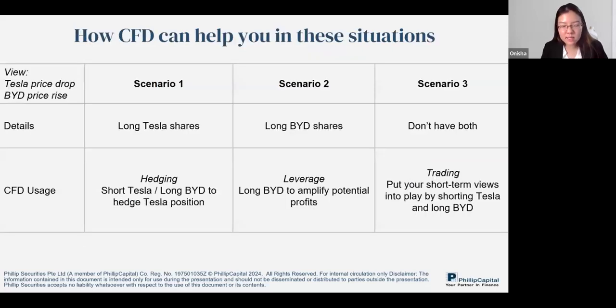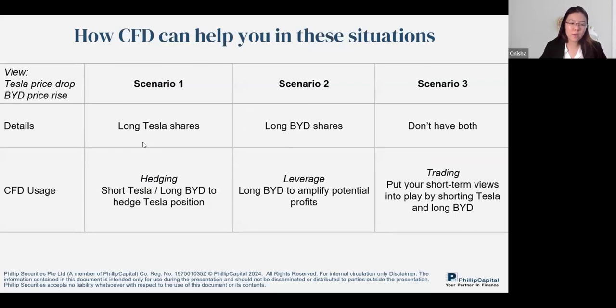So let's take this news as an example here. When this news broke that BYD overtook Tesla, there are three possible scenarios. I'm trying to link how you can use a CFD, depending on which scenario you are in. So let's say you are an investor or trader in scenario one.